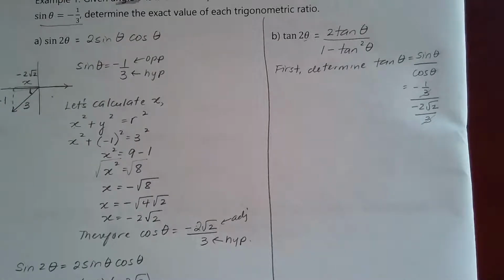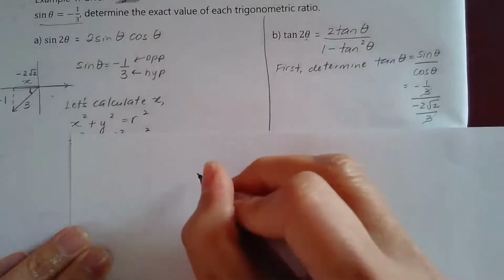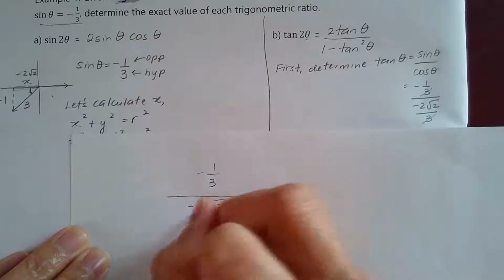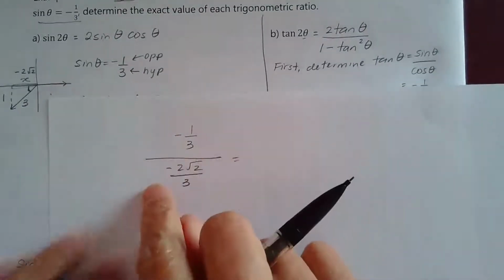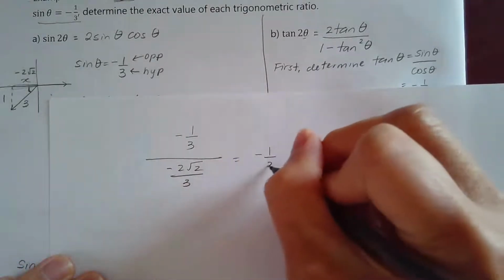So how does that look? I'll just go like this. Negative 1/3 divided by negative 2 root 2 over 3. Okay, so this is like a complex fraction. What you can do is the same thing as multiplying by the reciprocal.